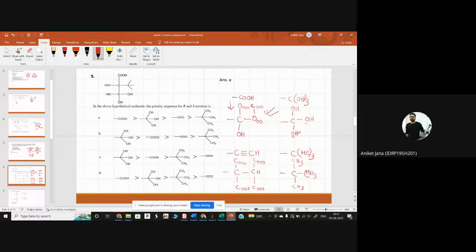All the carbon atoms here are connected to hydrogen atoms, but there the carbon is connected to two carbon atoms. So C triple bond C will get priority over CMe3. Any confusion, anybody? No, sir.